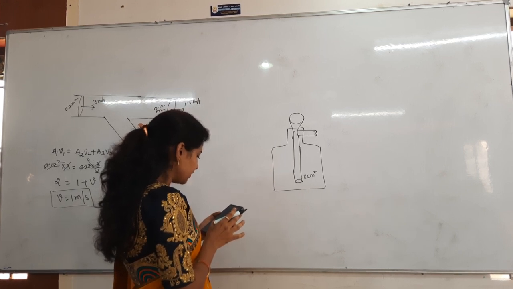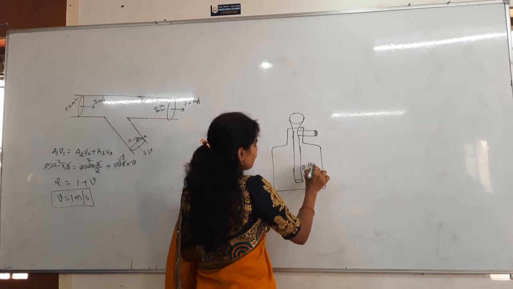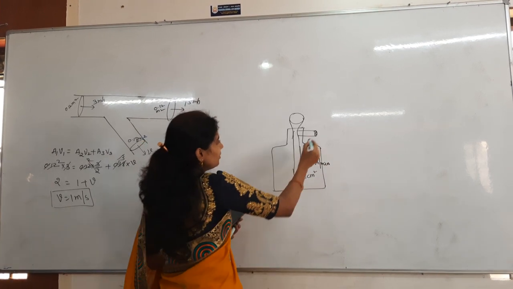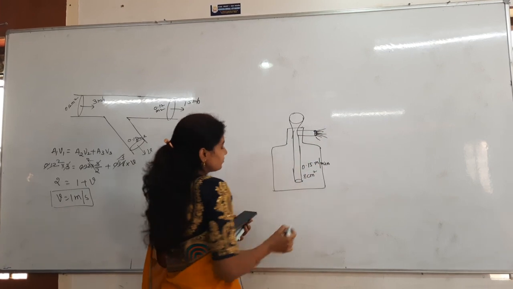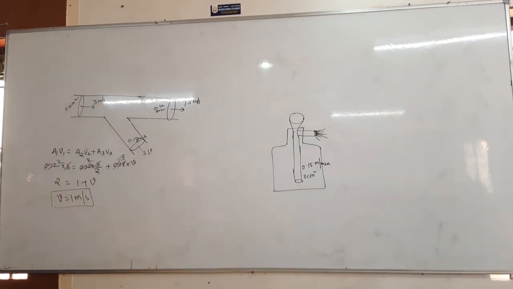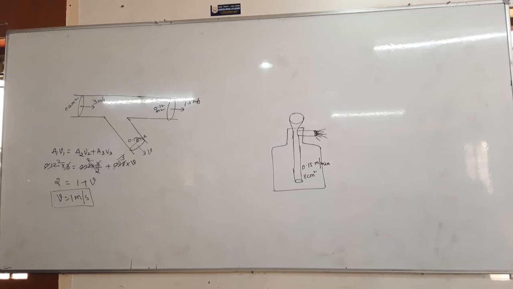If the liquid flows inside the tube with a speed of 0.15 meters per minute, then find the speed with which the liquid is ejecting out.